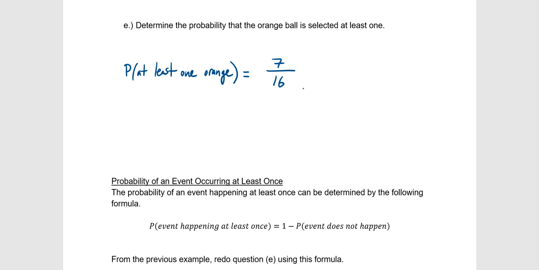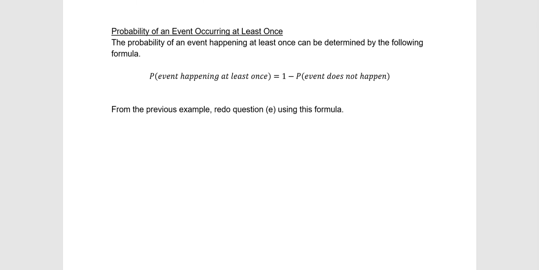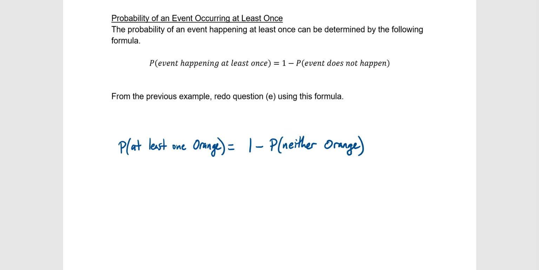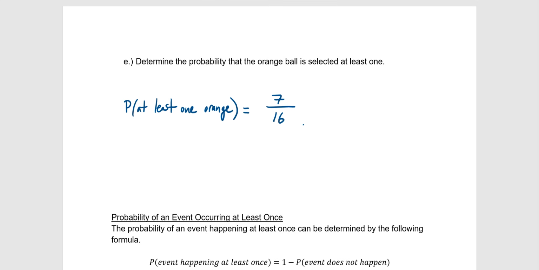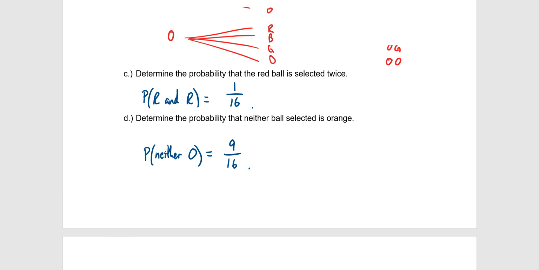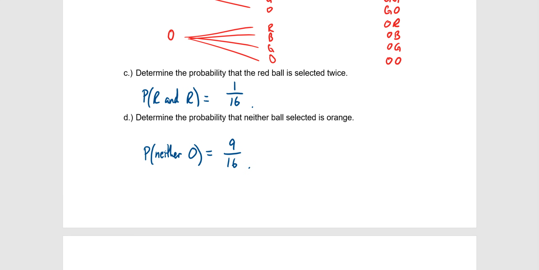So the probability that an orange ball is selected at least once. So based on this formula, this is going to be 1 minus the probability that neither are orange. So going back up here and counting how many don't have orange in them, we could just recognize that we actually calculated this already in question D. The probability that neither of them were orange was 9 over 16.